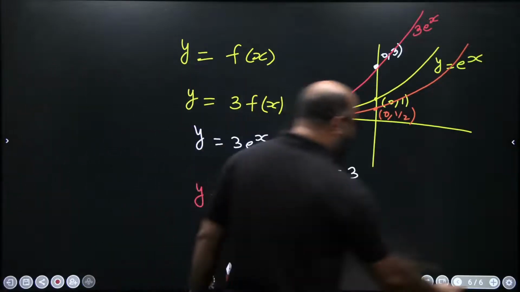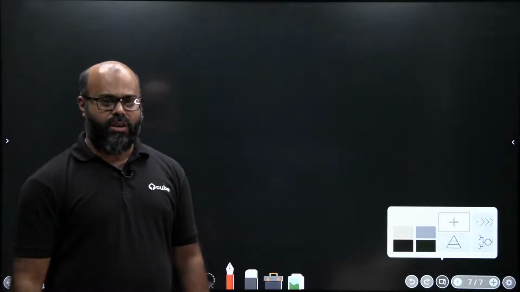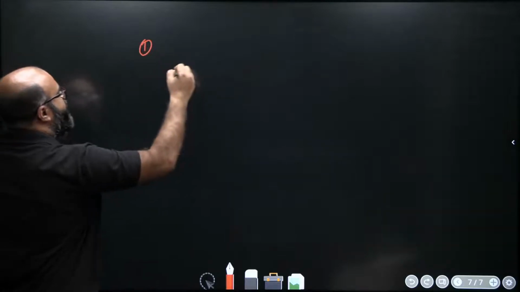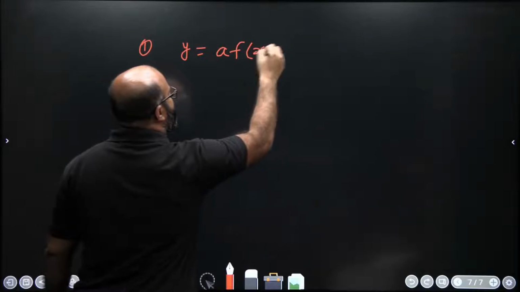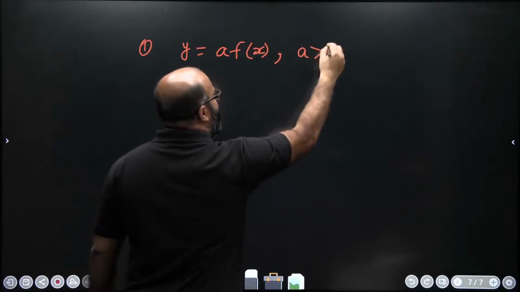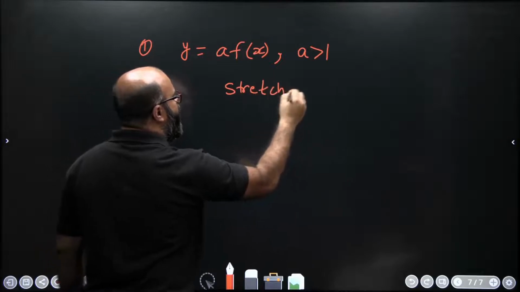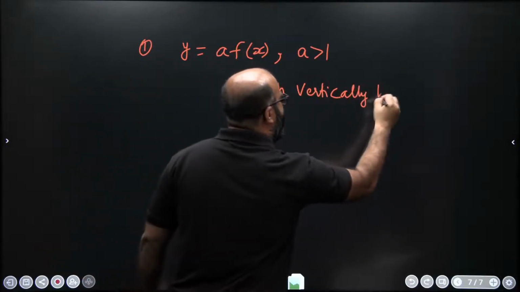Now can we write a final result about vertical stretching and vertical compressing? Yes, we can. The first point here is, if we take y equals a times f of x, where a is greater than 1, then what will happen, students? A stretch vertically by a times.